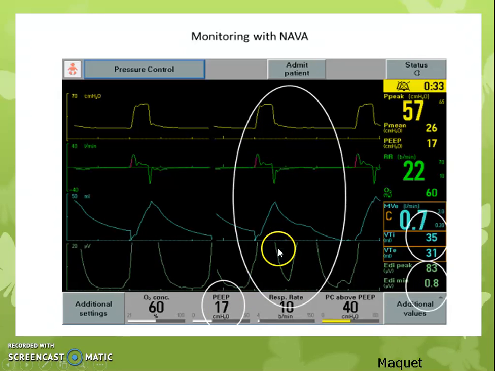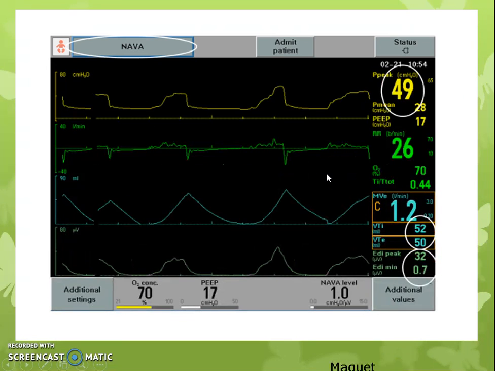You can see this patient tried to take a breath with the contraction of the diaphragm. You can see the NAVA signal right here, but it does not correlate at all with the patient. When we switch the patient to NAVA at 10:54, your peak pressure is 49, your EDI peak is 32, and your settings down here are the same.